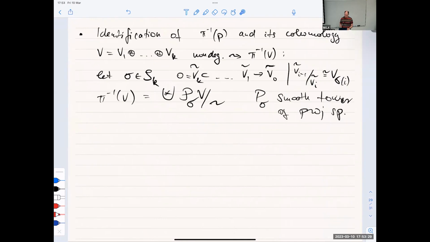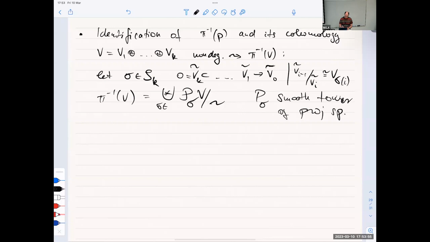So you do this, and here I wrote what is really happening. If you want to identify the fibers, you get projective towers corresponding to each sigma in Sk, and you study them separately.